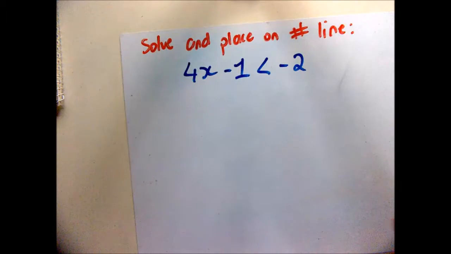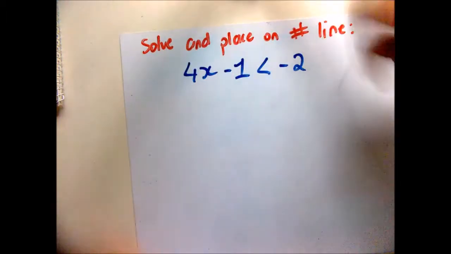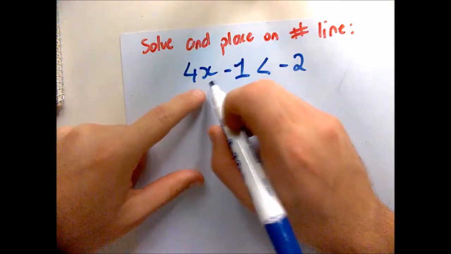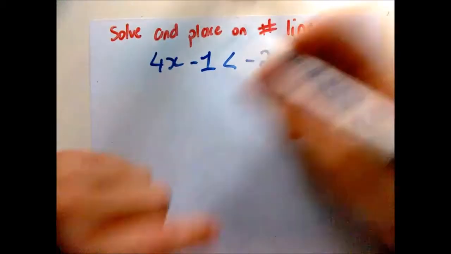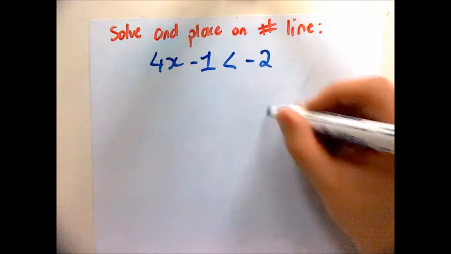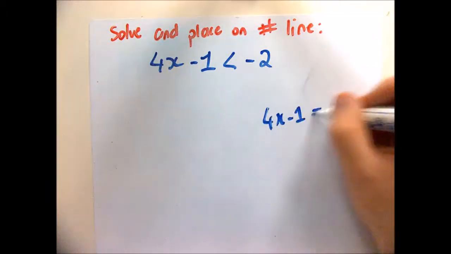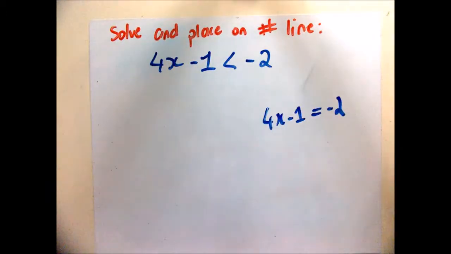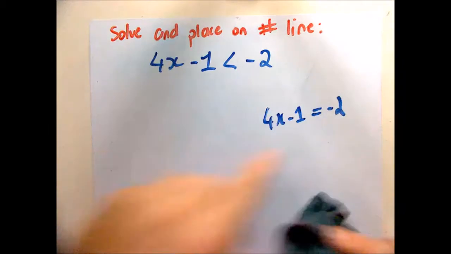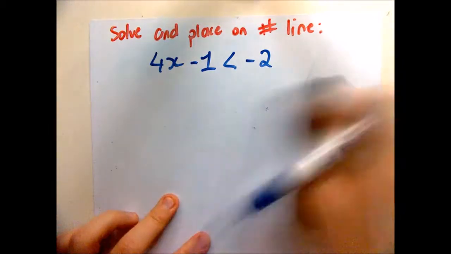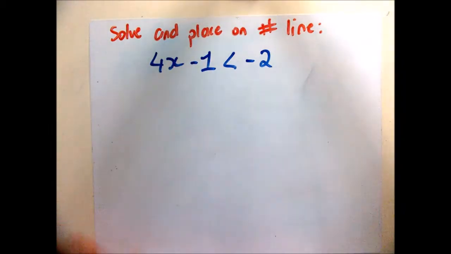What I want to do here is isolate this x value. When we work with normal equations, if we had 4x minus 1 equals negative 2, we just want to isolate for x. Remember, this little thing here is just a statement of inequality, the same as this is a statement of equality. So we can treat it like it's a little equal sign.